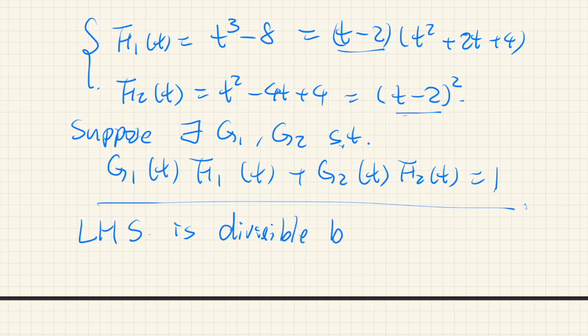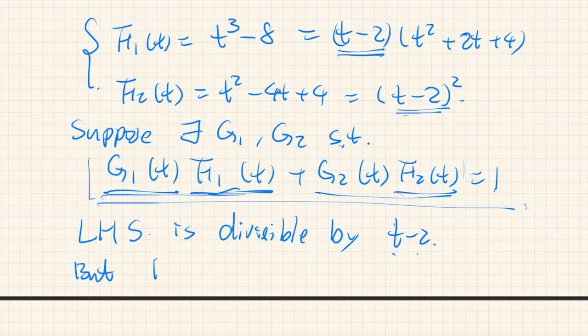Divisible by t minus 2 because f1 contains t minus 2 and f2 contains t minus 2. So these two terms are both divisible by t minus 2. That means the whole left-hand side is divisible by t minus 2, but the right-hand side is not, which is a contradiction. Therefore, there are no such polynomials g1 and g2 satisfying this equation.